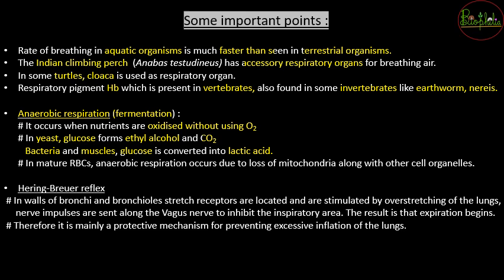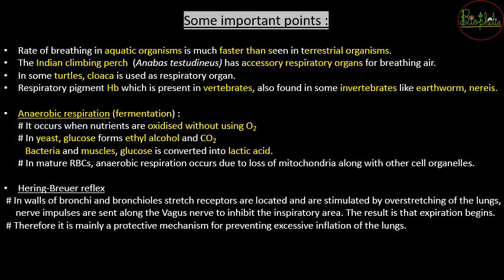So whenever you are running a long marathon or you are in a sprint race, your muscles sometimes cannot get enough oxygen, right? When they do not get oxygen, but they have to release energy, then the glucose is converted into lactic acid, releasing a little amount of energy by anaerobic respiration.